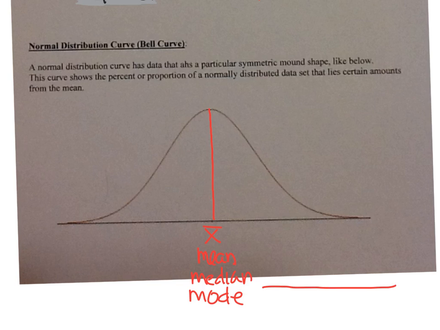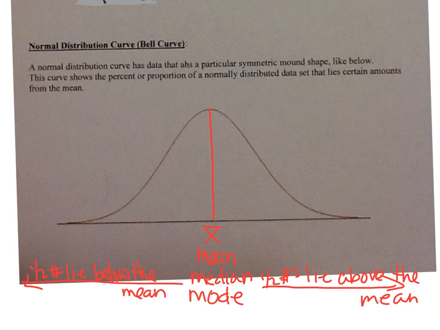All the numbers that lie to the right, that's half the numbers lie above the mean. And half the numbers lie below the mean. Okay, so what else can we say? This is used to calculate probabilities.